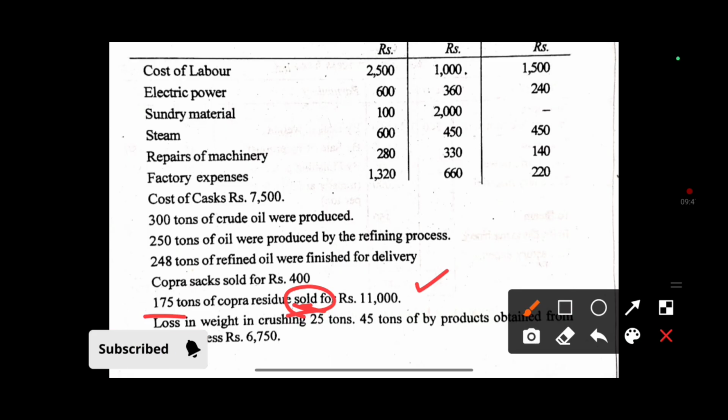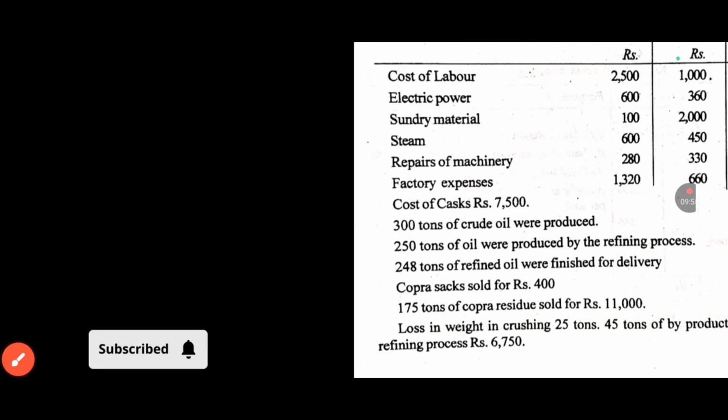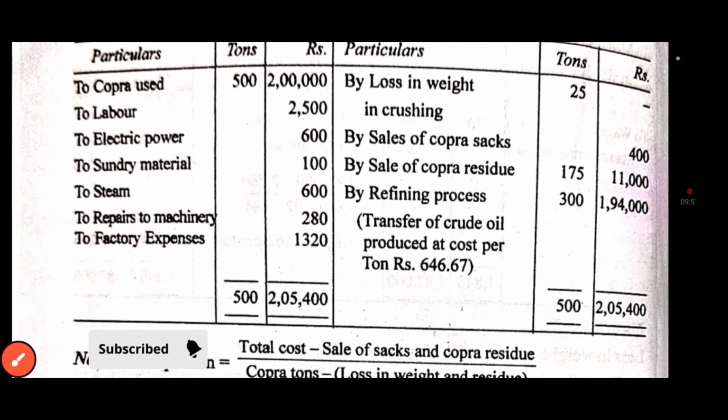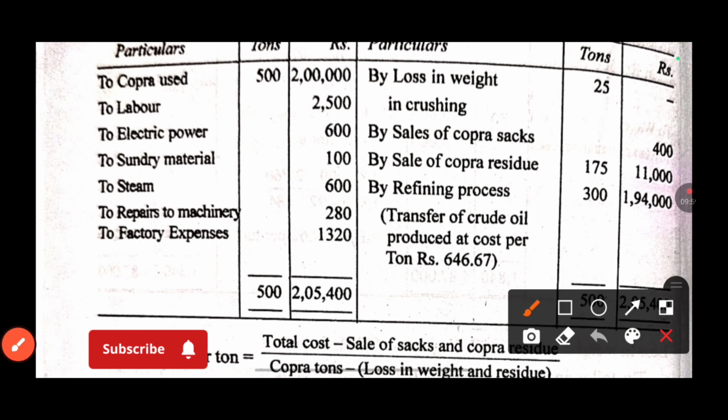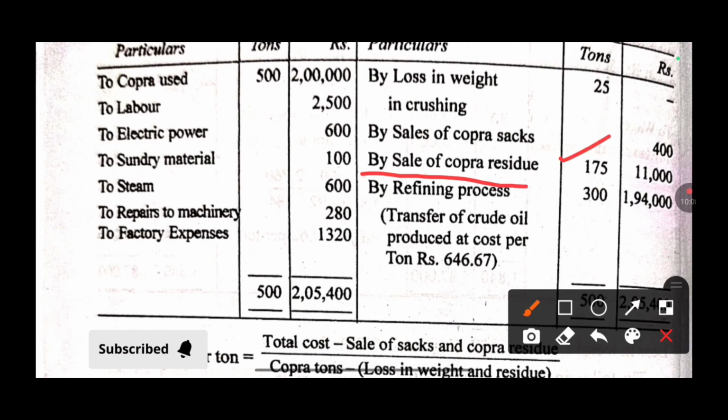So this item will appear on the credit side of the copra crushing process account. Accordingly, on the credit side we write by sale of copra residue, 175 tons and 11,000 rupees.